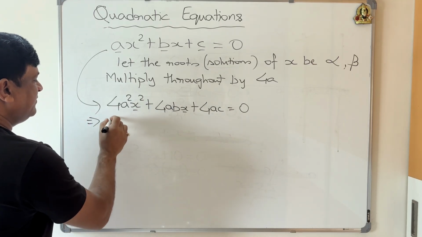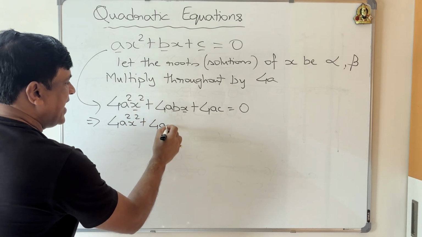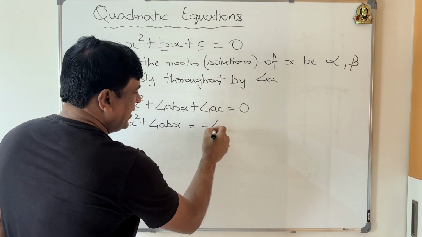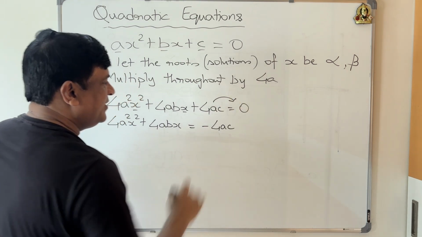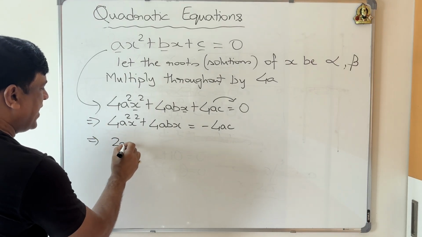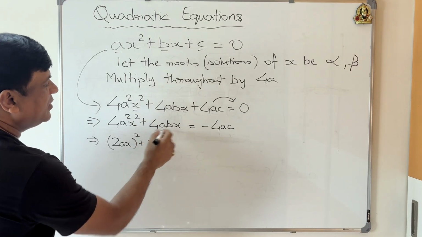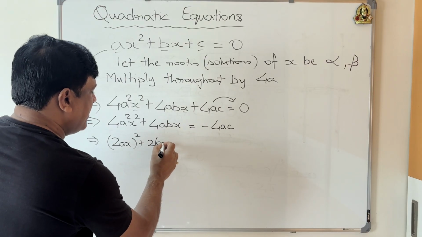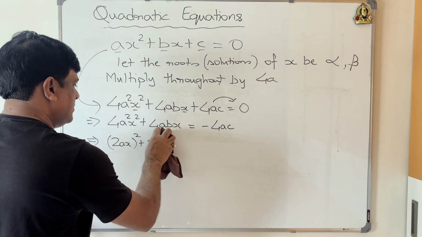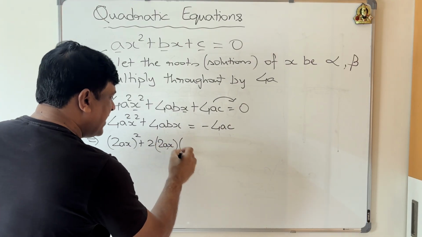So I'm going to write it like this: 4a square x square plus 4abx is equal to minus 4ac. I'm taking this on the other side. Now can I write this as 2ax whole square plus 2 times ax times b?